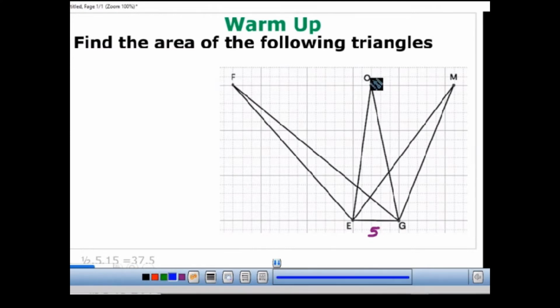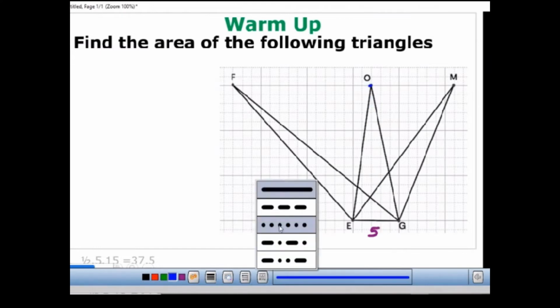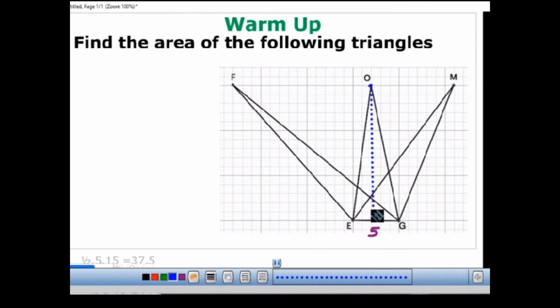Okay, so based on the formula that we know thus far, the area of a triangle is 1/2 base times height. Let's be more specific here.